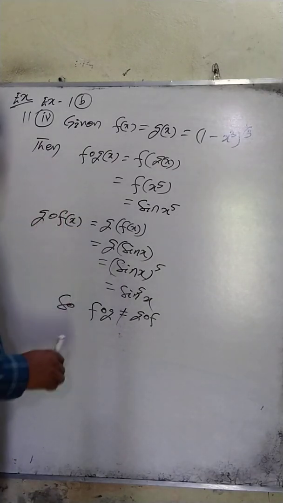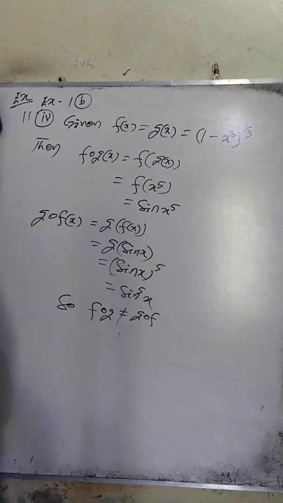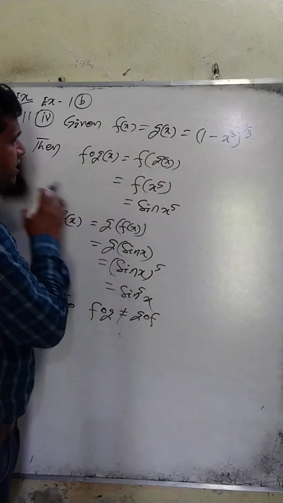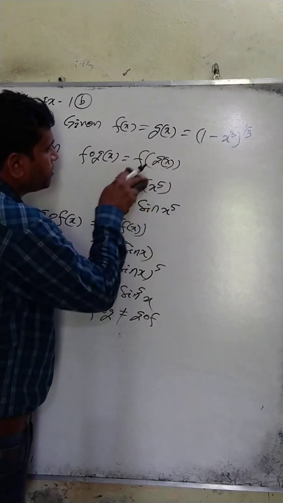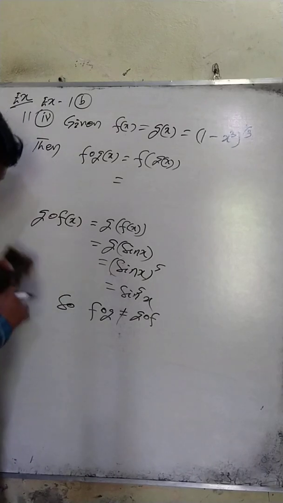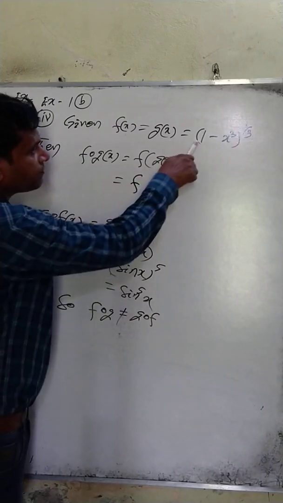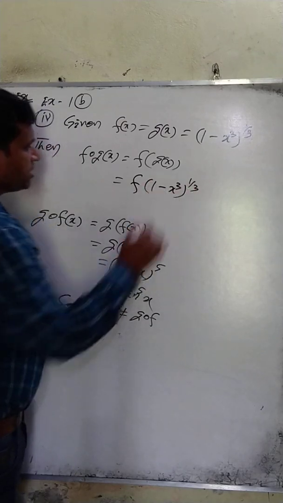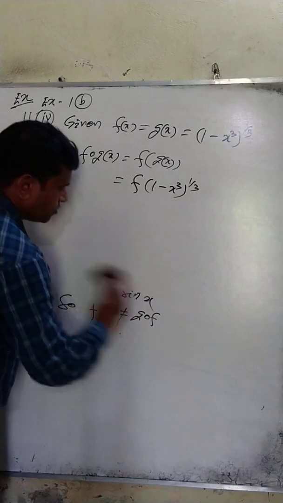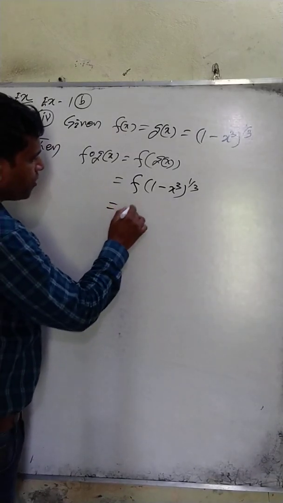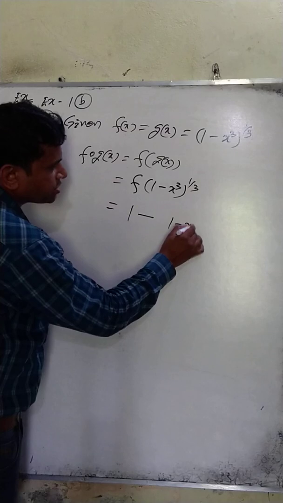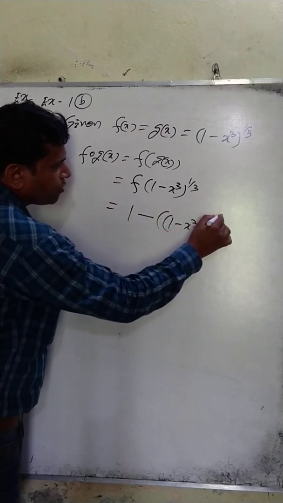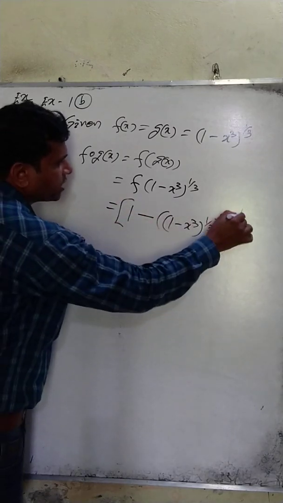Now we find f composite g and g composite f. (f composite g)(x) = f(g(x)) = f((1 - x^3)^(1/3)) = (1 - ((1 - x^3)^(1/3))^3)^(1/3).